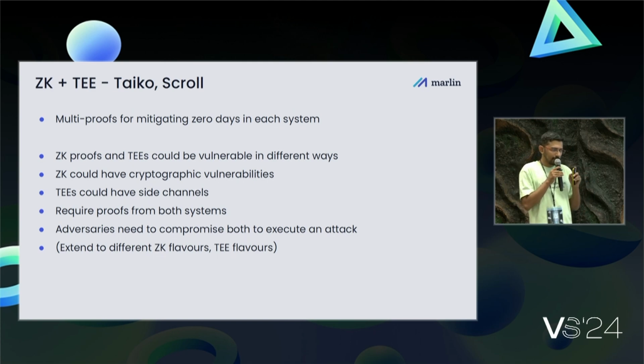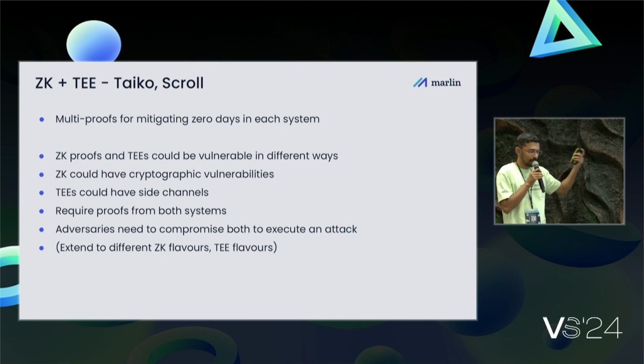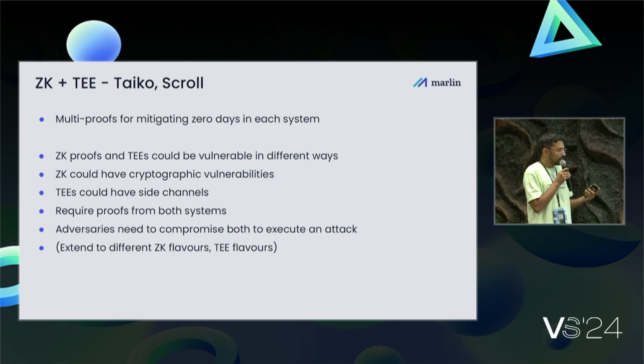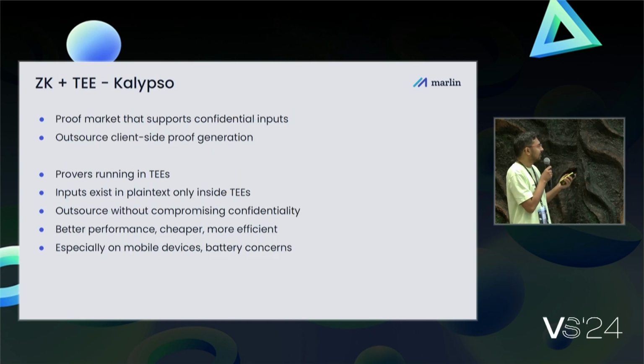What an attacker needs to do here is compromise both of these systems in order to execute a successful attack on your network, right? And you can easily extend that to different ZK flavors, different ZK systems, maybe a Plonk and a Groth together, or stuff like that, and even different TE flavors together to distribute that across hardware manufacturers, right?